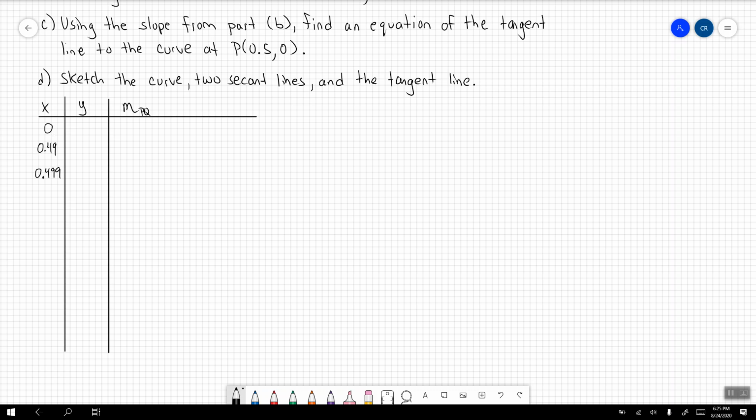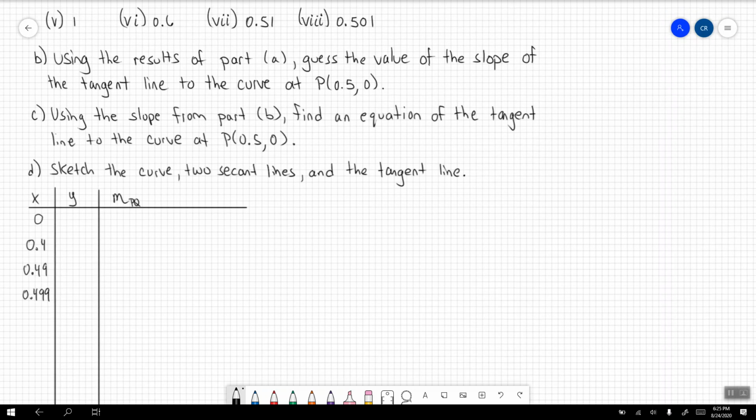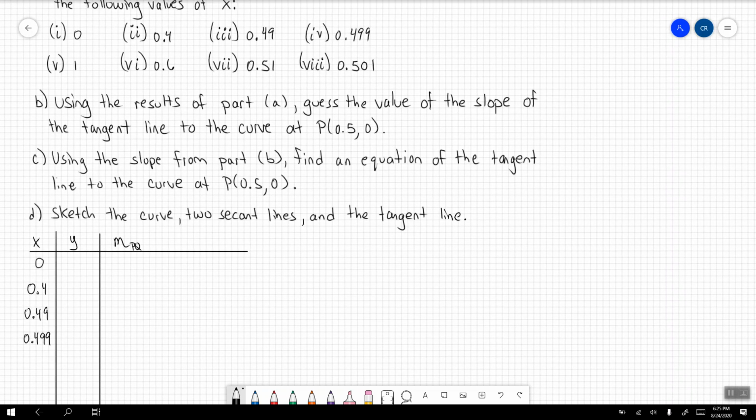Oh, excuse me, sorry. I made a mistake. We are all human, and it happens. The first one, 0. The second one, 0.4. The third one is 0.49. And the fourth one will be 0.499. There we are, exactly as it was given to me here.